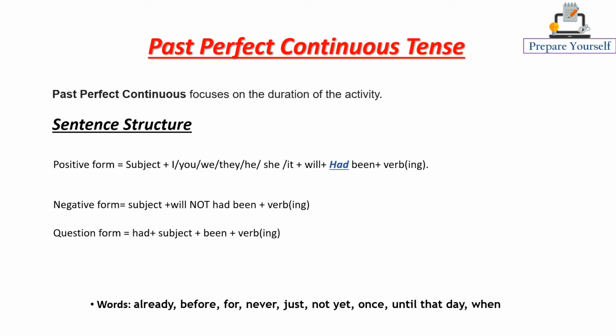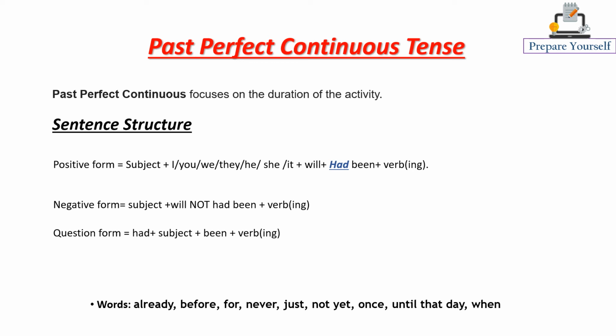Now let's have a look at past perfect continuous tense. Past perfect continuous tense focuses on the duration of the activity. Let's have a look at the sentence structure.